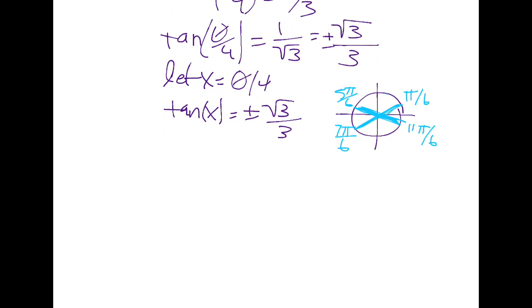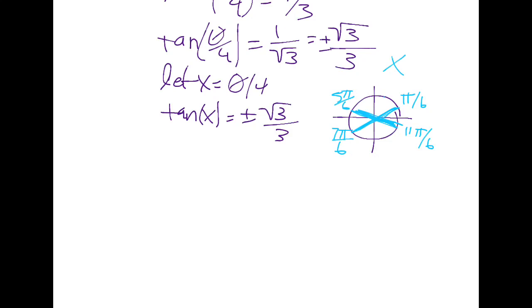So we need to think about what is theta with respect to x. So we know that if x is a solution, pi over 6 being an x, these are all x values. Let's convert them to theta values because we know that x equals theta over 4.